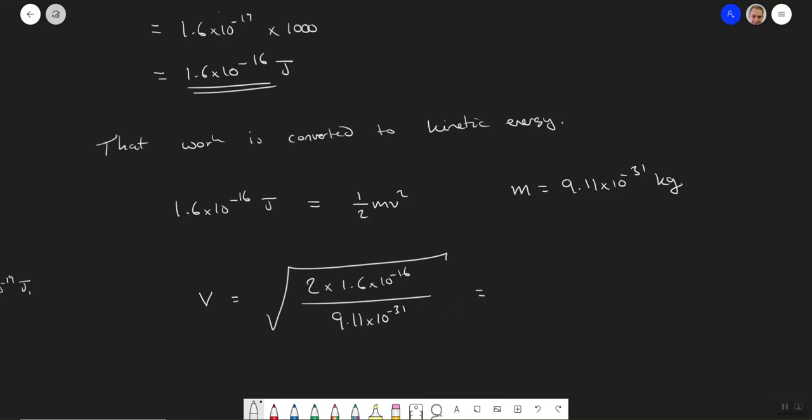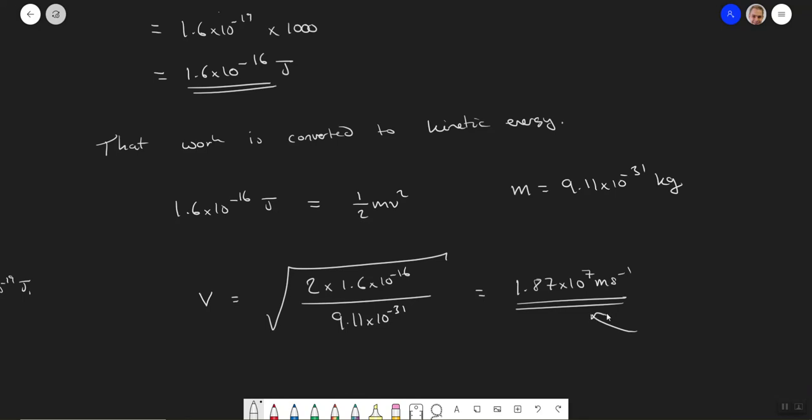Big number, but we take the square root of that, and we get 1.87 times 10 to the 7 meters per second.